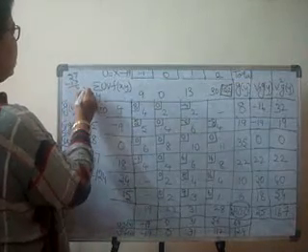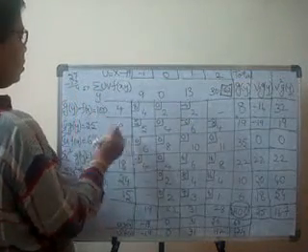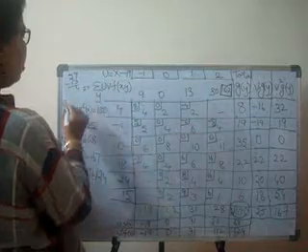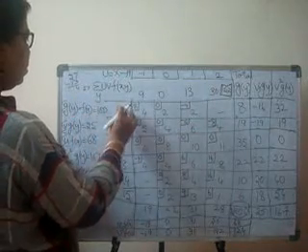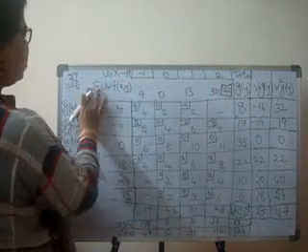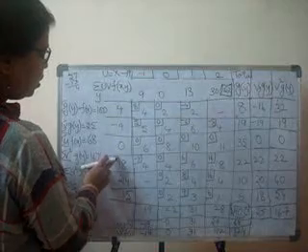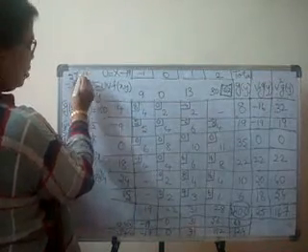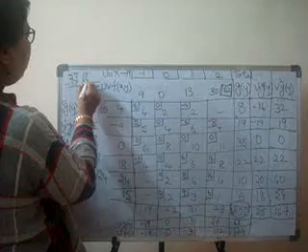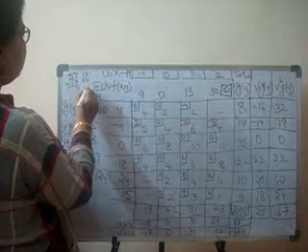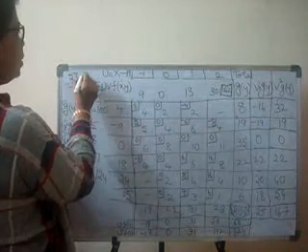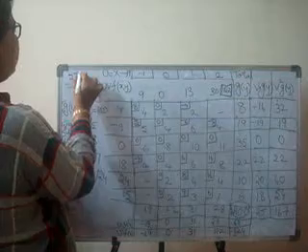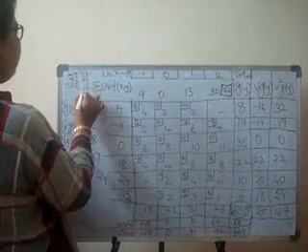57 minus 9 minus 5 minus 5 into 30, 30, 24 and 50. 1 carry 4, 5, 50.